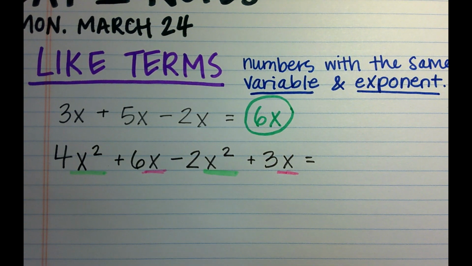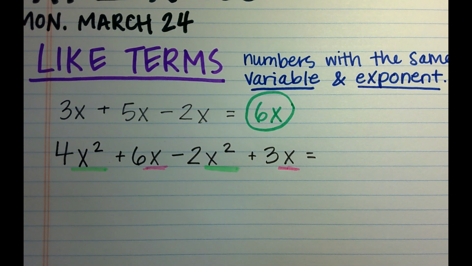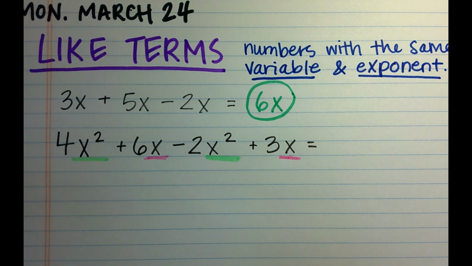So I'm using different colors to show the difference here. But since we have 2 different sets of terms, we're kind of doing 2 problems here. I cannot combine these all together, but we can separate the parts that are the same and solve it that way. So let's start from left to right.